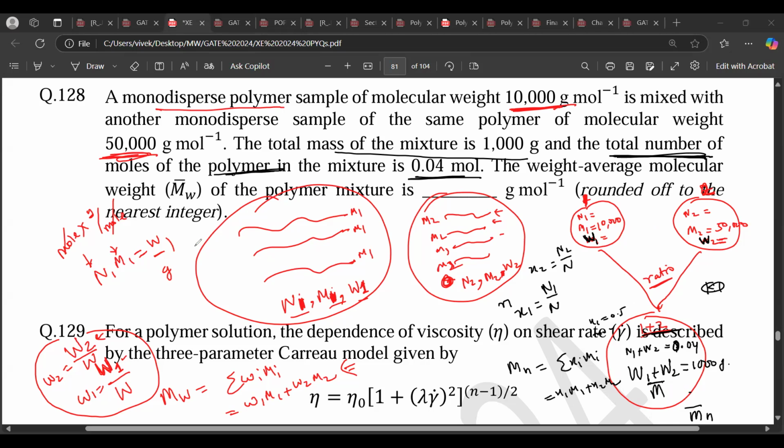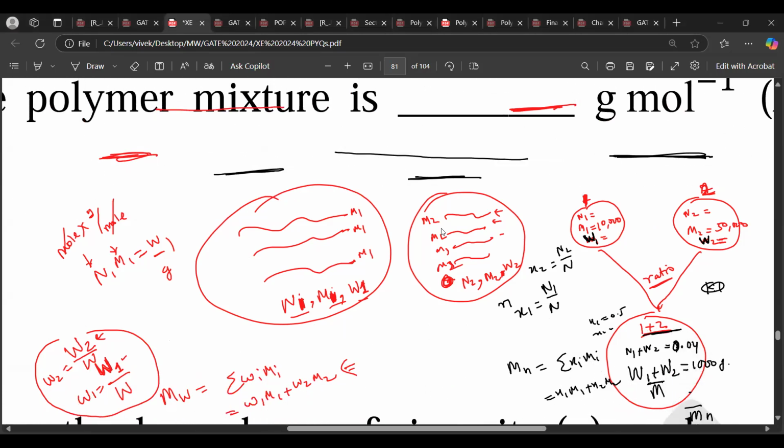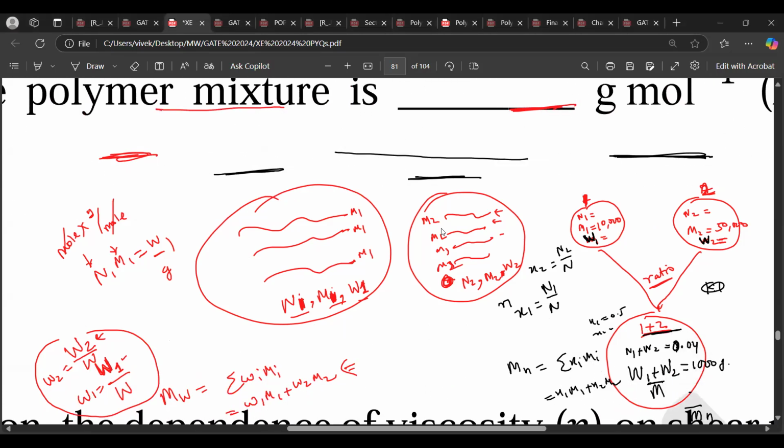Okay. So our target is to first remove this mesh, because my habit is to solve everything on the PDF. Our target is to calculate Mn.